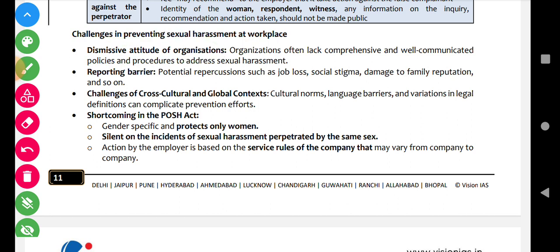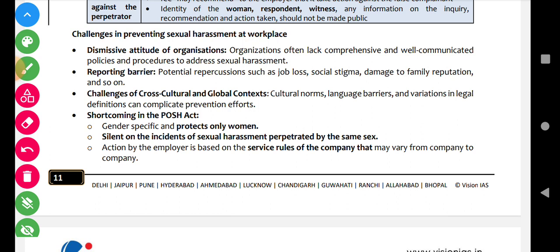Organizations often lack comprehensive and well-communicated policies and procedures to address sexual harassment, and there is a lack of women's voice in these policies. Next, reporting barriers: potential repercussions such as job loss, social stigma, damage to family reputation, and so on.